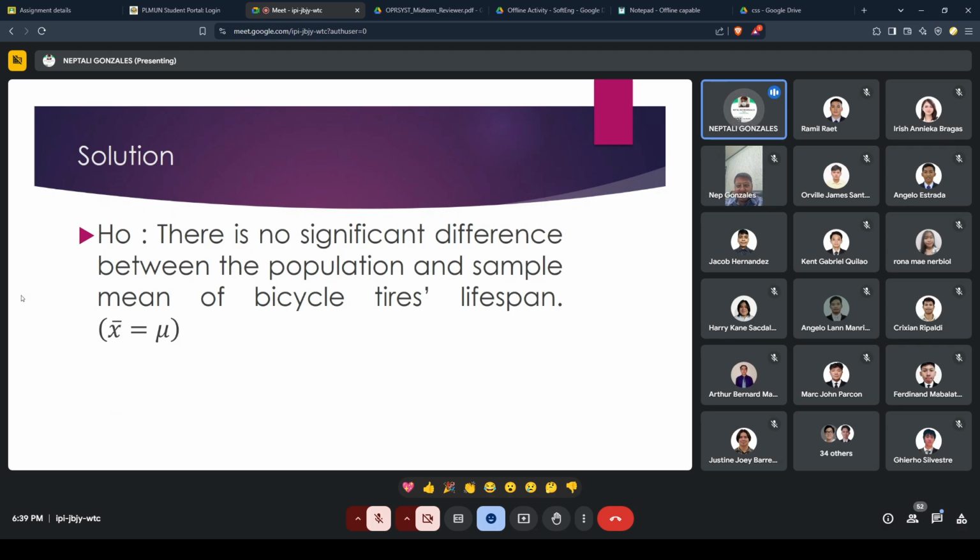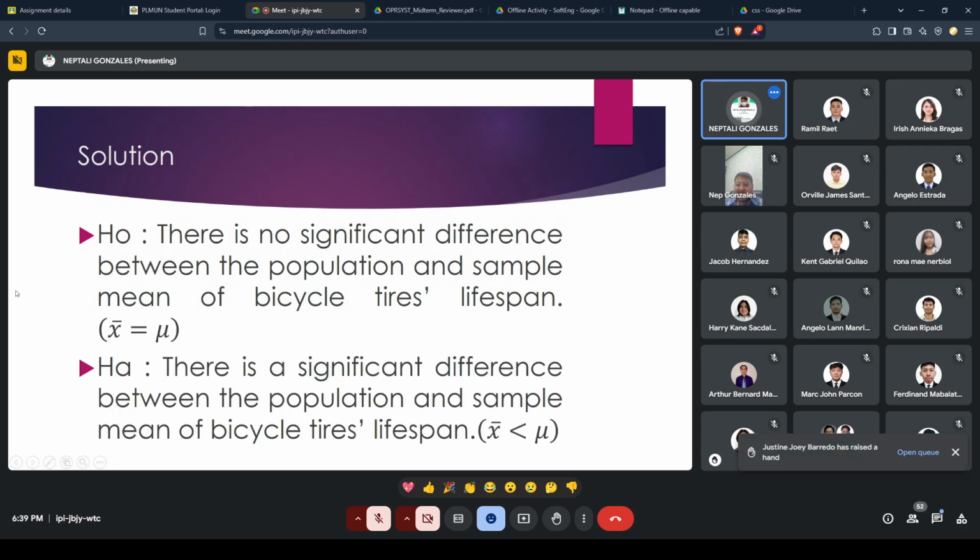So this one is different. Kanina, kinompare natin siya sa 5 years lang, kaya natin ginawang two-tailed. So this one, the second, yung X bar po ba yung 3.5? Tapos yung mu po yung 5 years, the population.